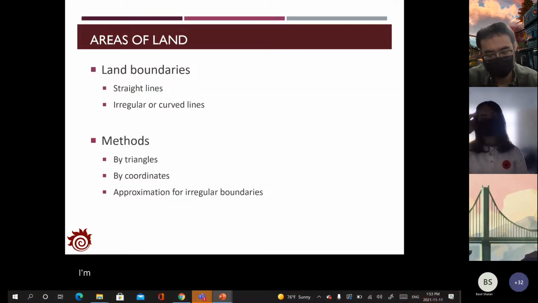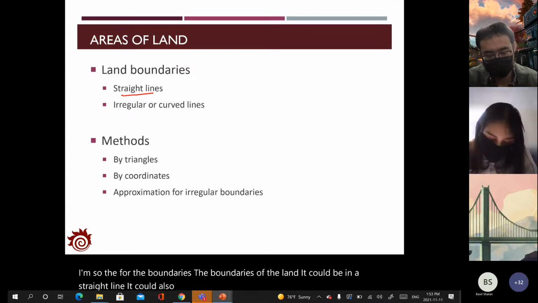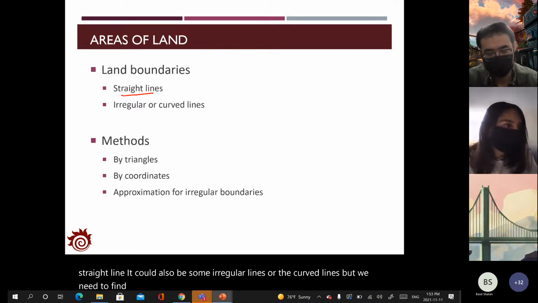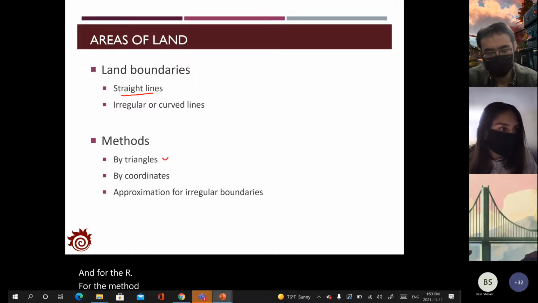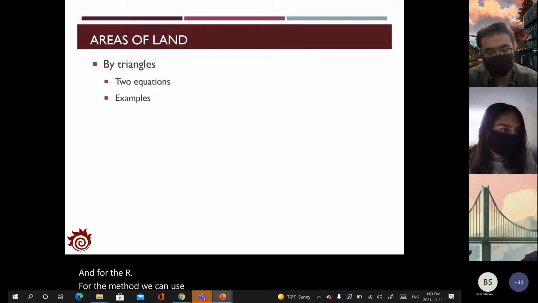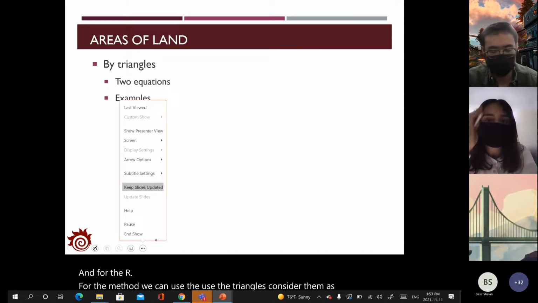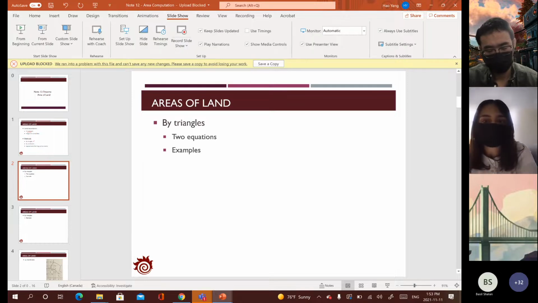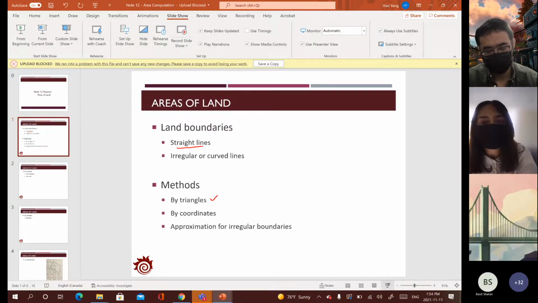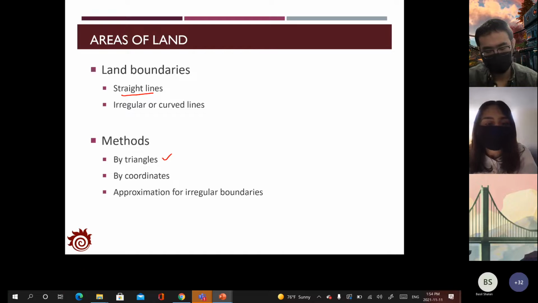So for the boundaries of the land, it could be in a straight line. It could also be some irregular lines or curved lines. But we need to find out the method to calculate both situations. For the method, we can use triangles. Consider them as triangles to calculate the area based on the combination of multiple lines.